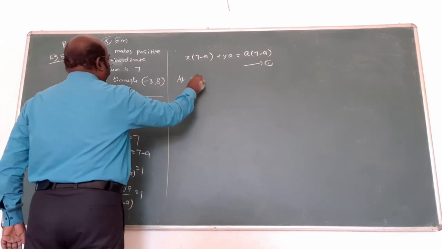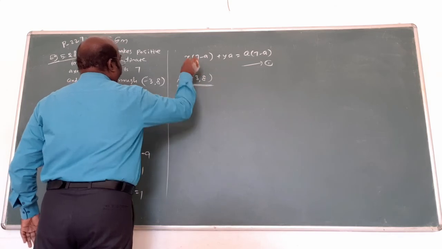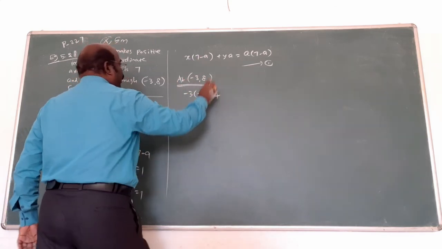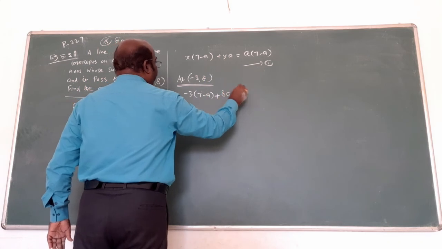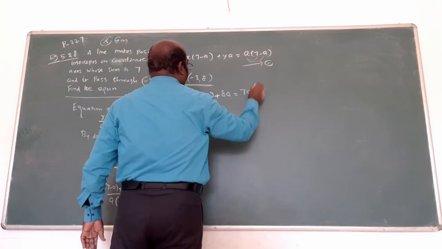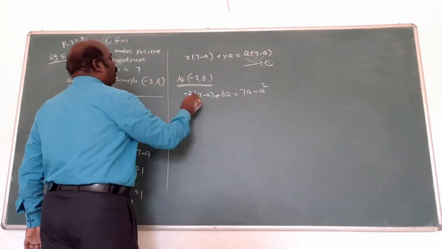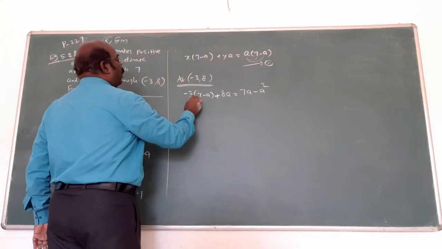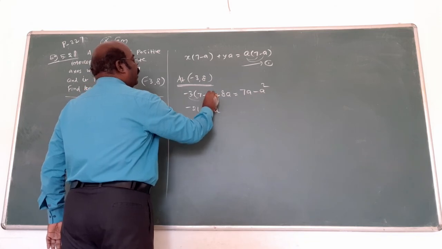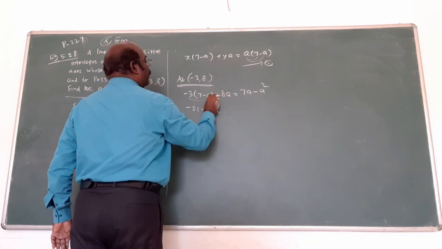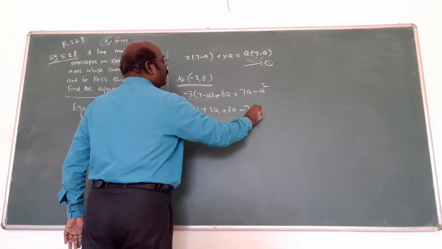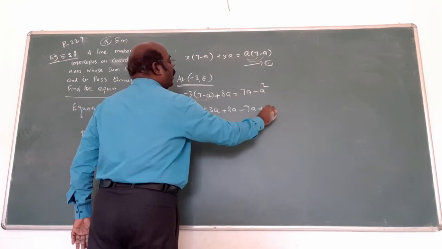At minus 3, A, when x is minus 3 into 7 minus A plus y is A, equal to A into 7 minus A. Multiply: 7 into A is 7A, minus A square. Again multiply: minus 21 plus 3A, 3A plus A is 4A. Bringing from this side minus 7A, and plus A square equal to 0.